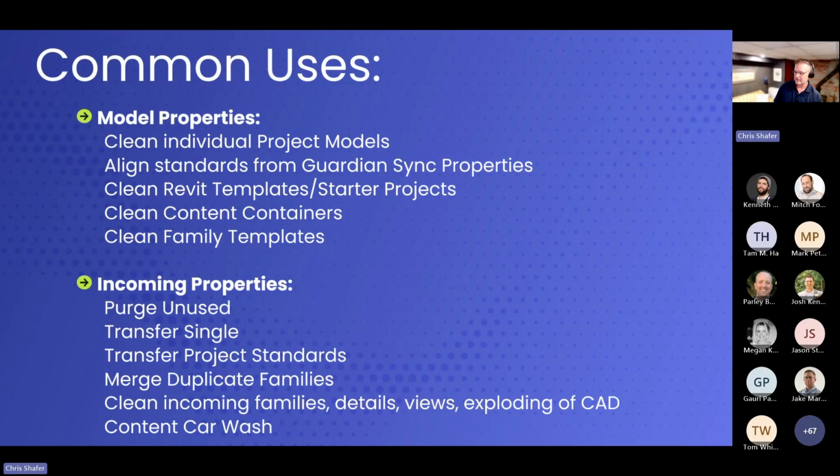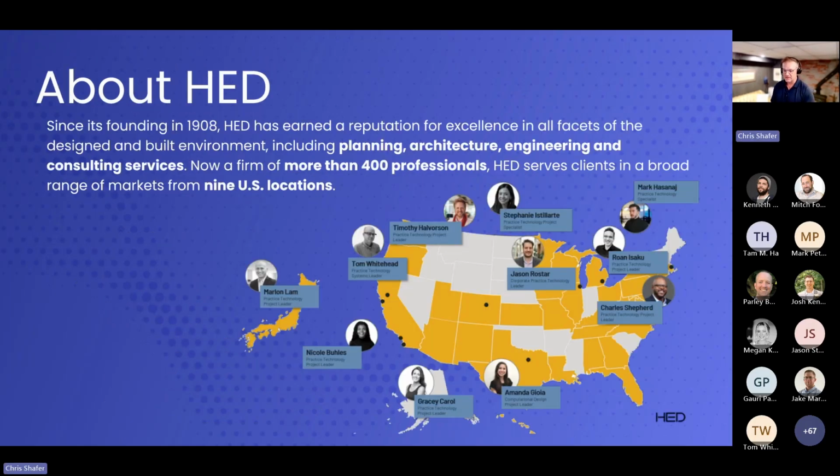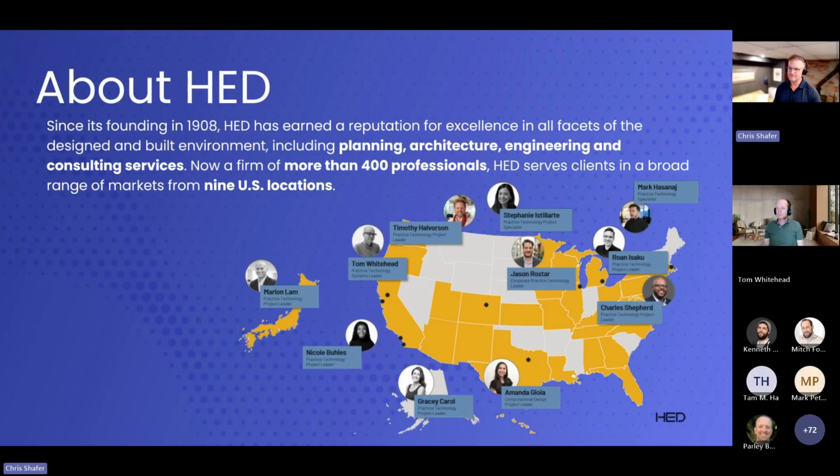And lastly, the content car wash. As we discussed in previous webinars, this is really the pinnacle of the use of model properties. So with that being said, I'd like to switch gears and hand it over to Tom, who will get into a brief description of HED. So take it away, Tom.